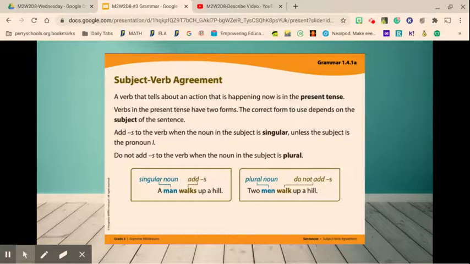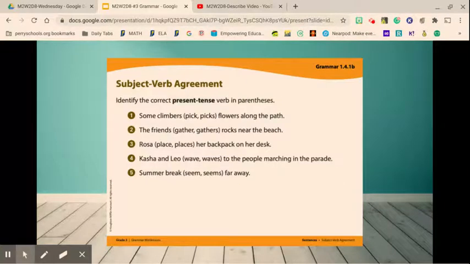You are going to be answering some questions about which tense or which verb to use in the sentence, and you will be answering it in your Cami. So I want to model a couple with you so that you're able to do this on your own and go through the thinking. The climbers, okay, so climbers is the subject, and that means more than one, so it's plural, which means I have to add a plural verb.